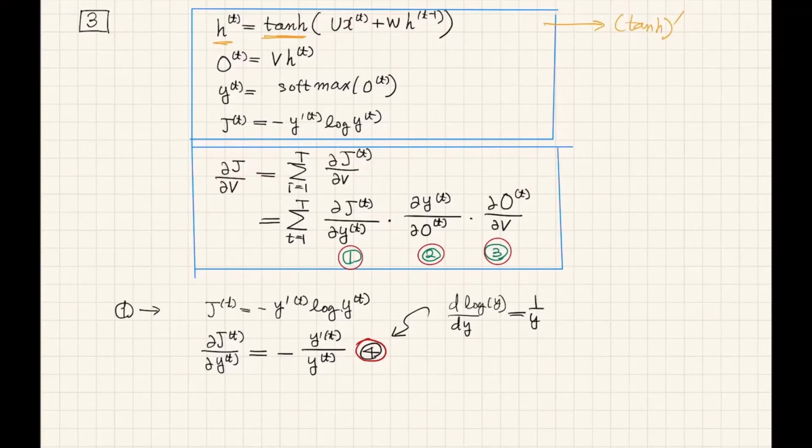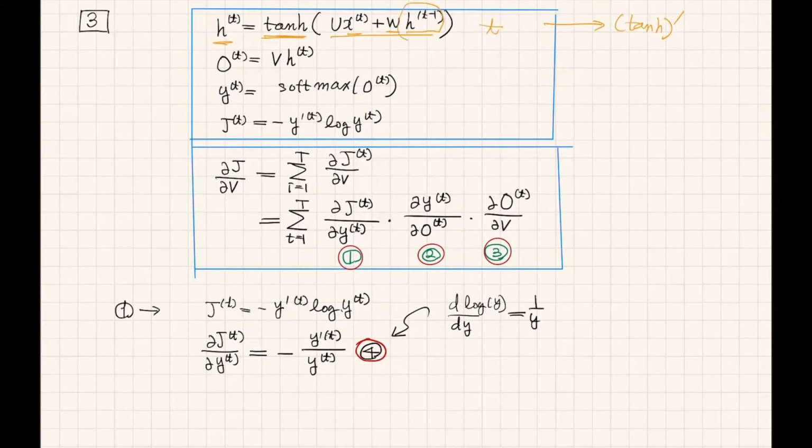And the input of this tangent hyperbolic function at state t is the multiplication of U matrix with the input vector and W matrix multiplied by the previous hidden layer.